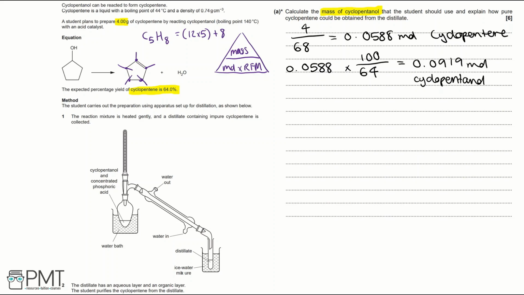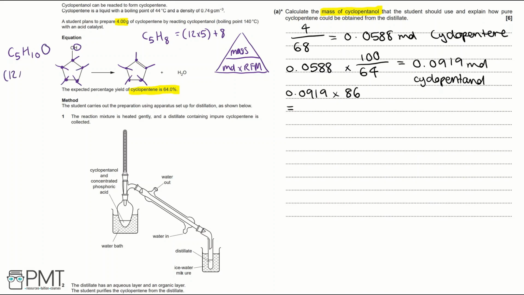Then we need to work out the mass of cyclopentanol. Again, using the equation triangle, we do moles, 0.0919, and then multiply by its relative formula mass, which is going to be 86. Again, we can work this out. We've got 5 carbons, so C5, 10 hydrogens, and an oxygen.